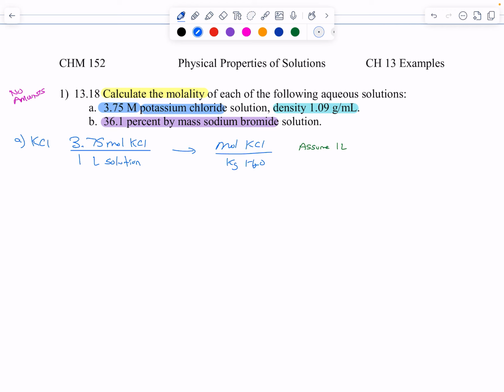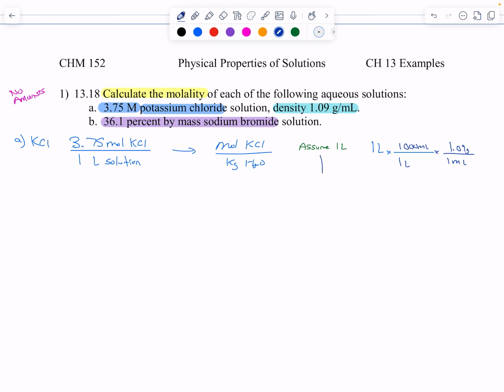So if I have 1 liter of solution, we know our density is for every 1 liter, which is 1,000 milliliters, and 1 milliliter of solution is 1.09 grams.